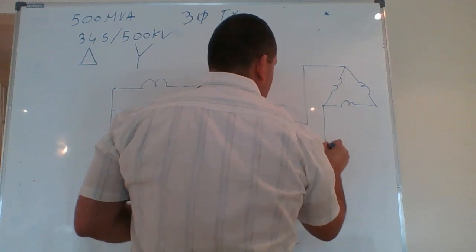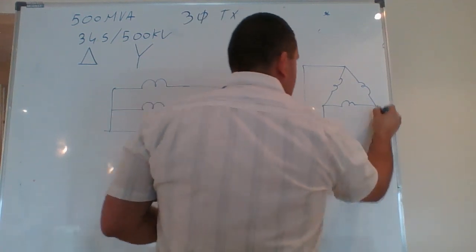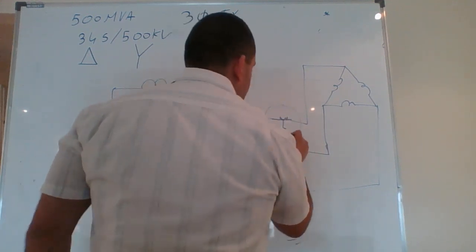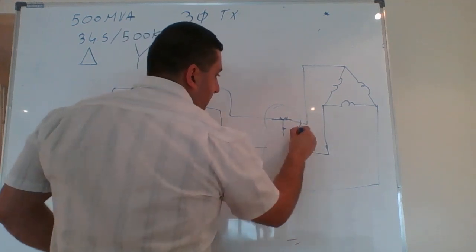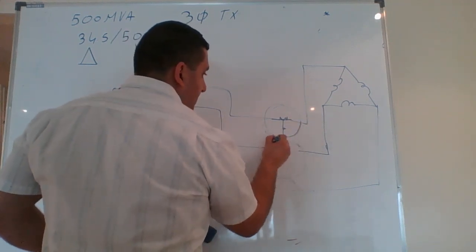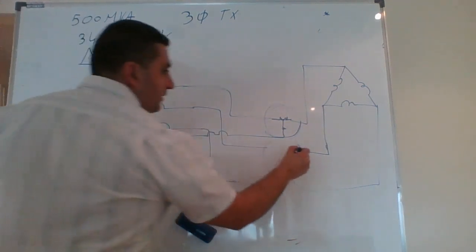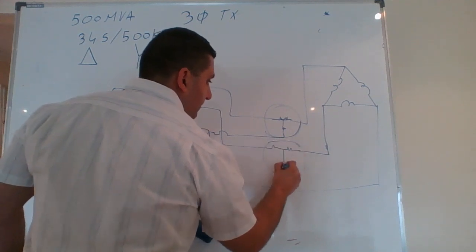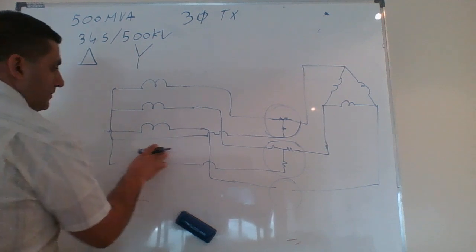The system in here will go down to this relay. The system in here will go down to this relay. These two, the system in here will go down to the negative. In here, it goes down to here.